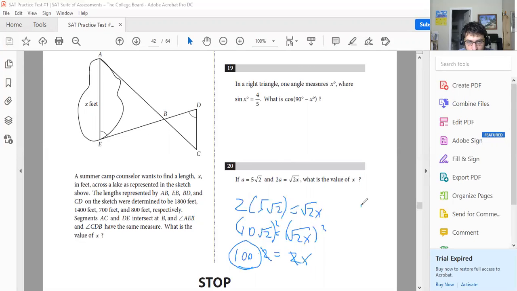Square root of 200 equals 10 square root of 2. So square root of 200 will be 100 times 2, so the 10 will come out, and we are good.